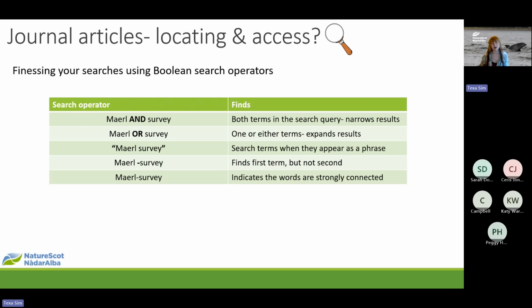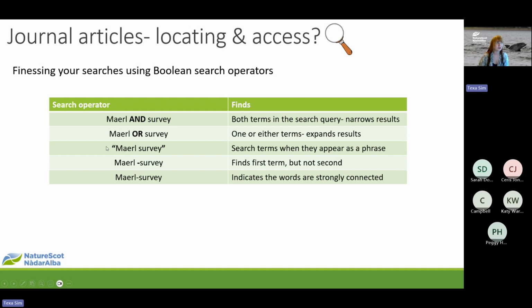So you potentially come across quite a lot of studies that just had survey, and that would be far more results than you probably want to look through. But it can be useful when looking for more specialised phrases.